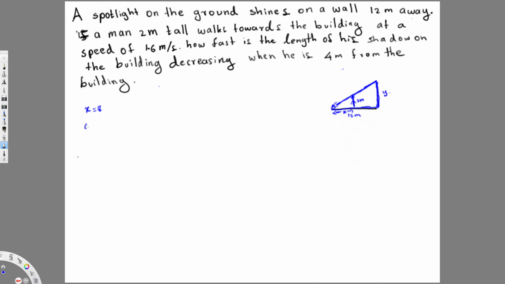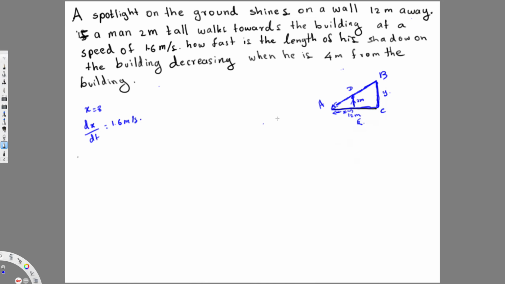So dx/dt is 1.6 meters per second. Let's call these triangles A, B, C, D, E.